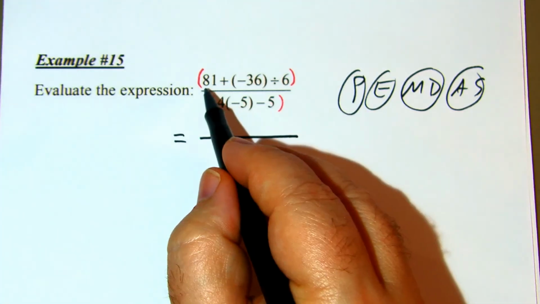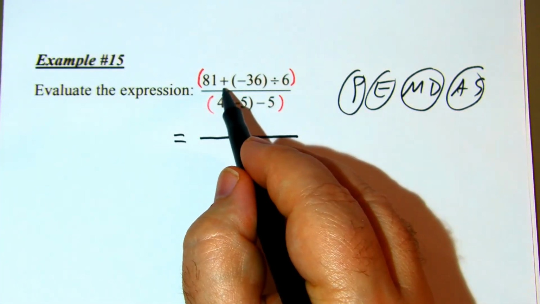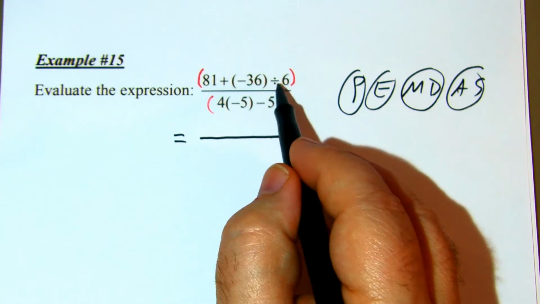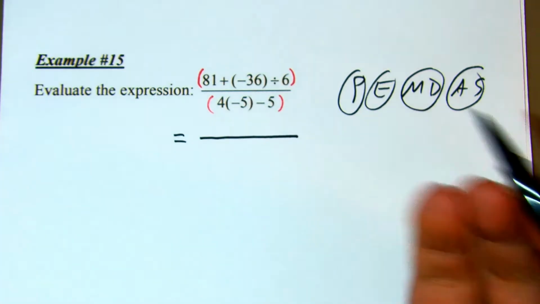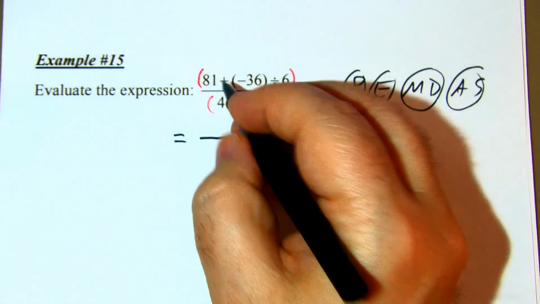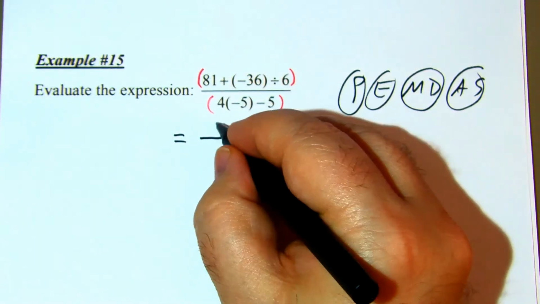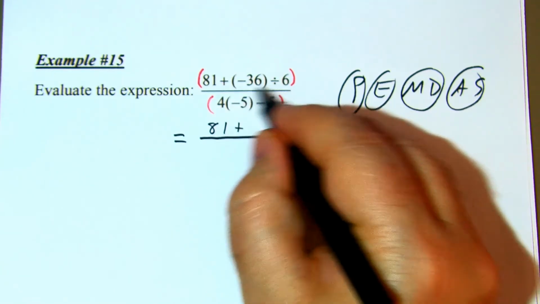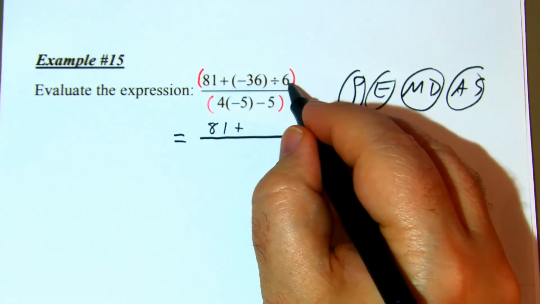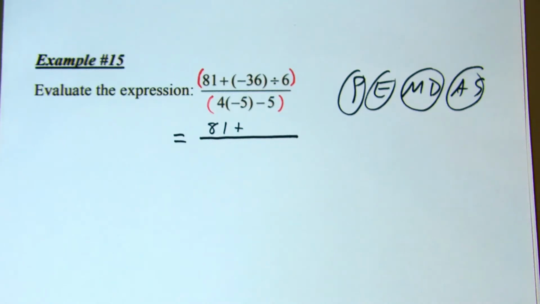And as I come down the line, this is 81 plus the -36 divided by 6. So I can do this division. And so this is where it gets a little tricky. It's 81 plus, I'm skipping that for now, and this division is -36 divided by 6. And let me go back to the rules we have.